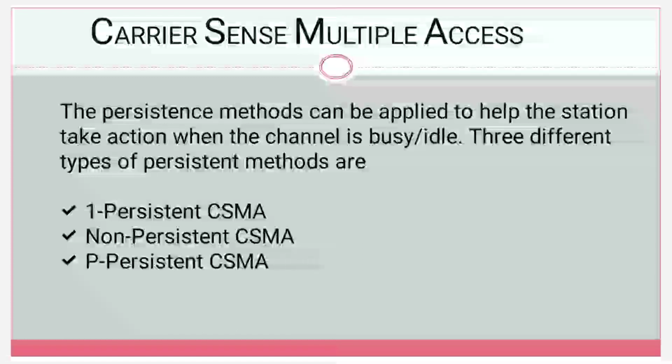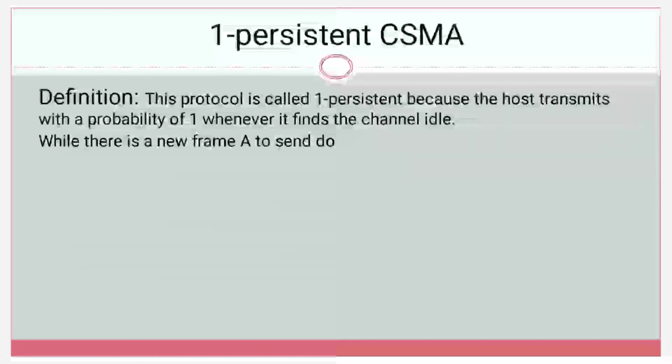We'll see the first one, that is one-persistent CSMA. The definition of one-persistent CSMA is, it is called one-persistent because the host transmits with a probability of 1. The host, meaning the sending station, transmits with a probability of 1 whenever it finds the channel idle.